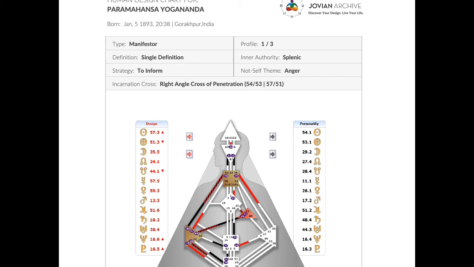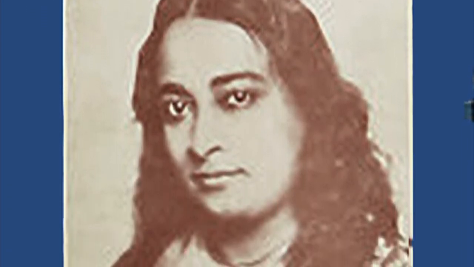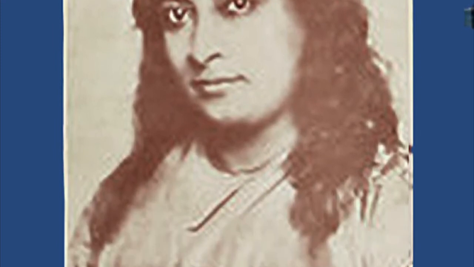Many people have been influenced or inspired by his teachings, but also he had written one book called Autobiography of a Yogi, and a lot of people, I think Steve Jobs, for instance, when he passed, had given instructions that at his funeral he wanted everybody to have a copy of that particular book.